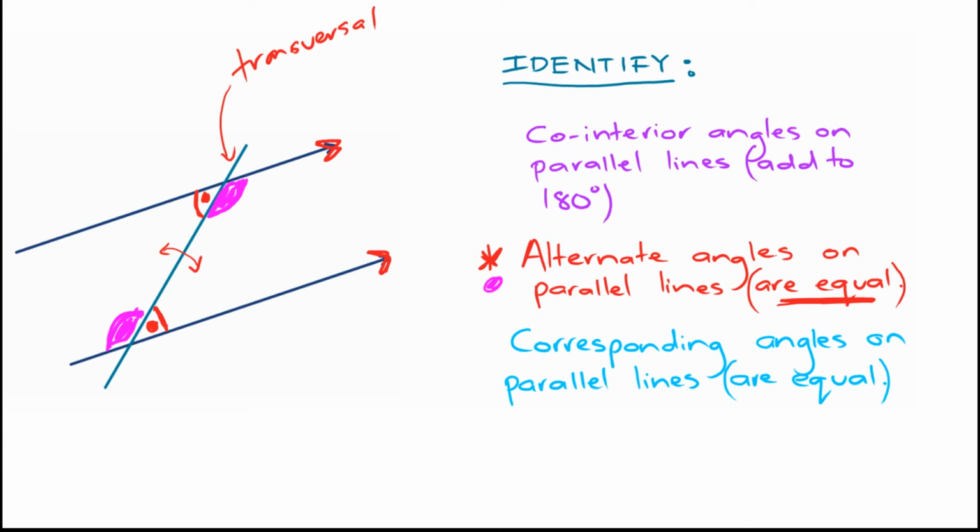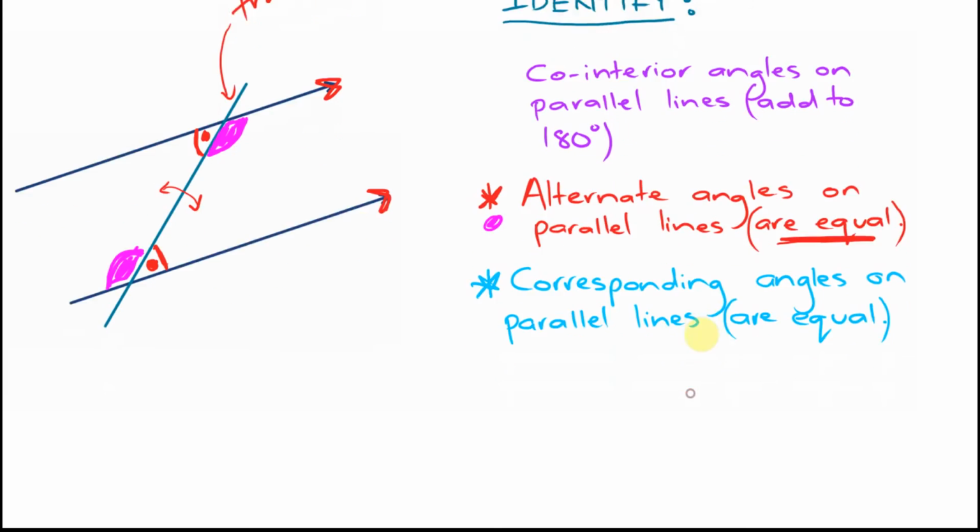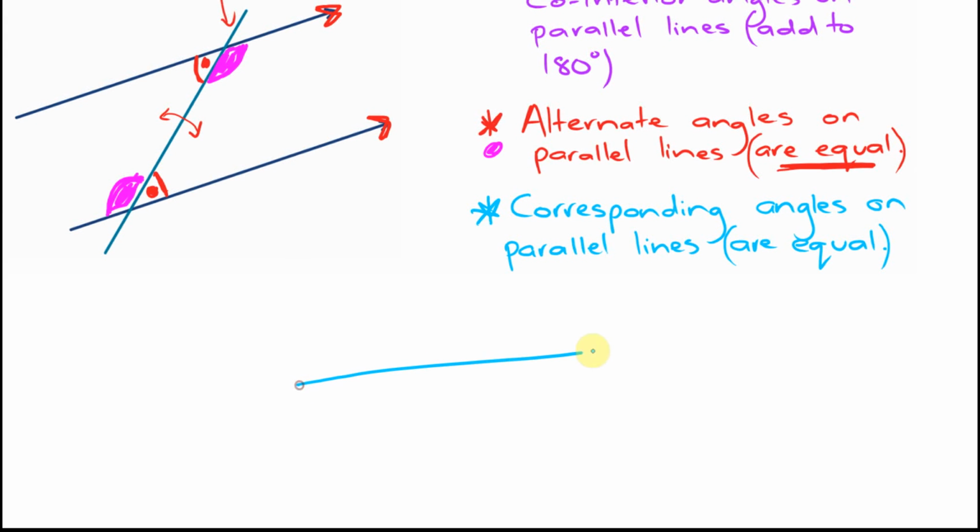Okay, the other pair of angles would be what's called corresponding angles. So these types of angles here. And corresponding angles look exactly the same. So just draw another pair of parallel lines. And if I draw a transversal, corresponding angles look the same.